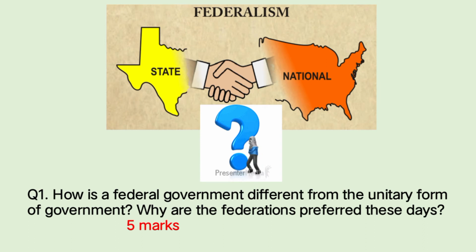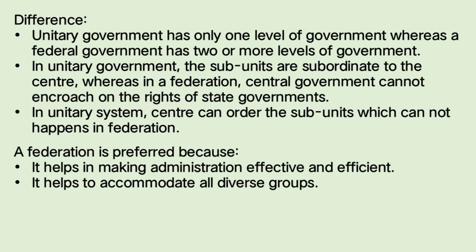If federalism is division of power between the center and the state, how is federal government different from the unitary form of government? Why are federations preferred these days? Unitary government has only one level of government, whereas federal government has two or more levels.